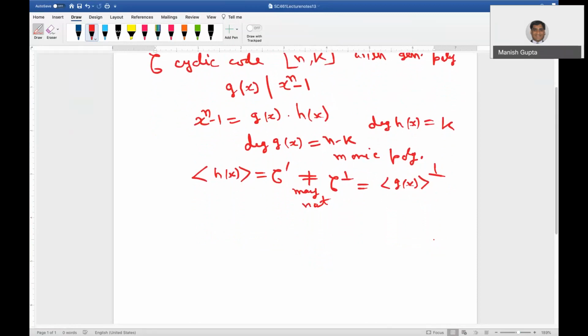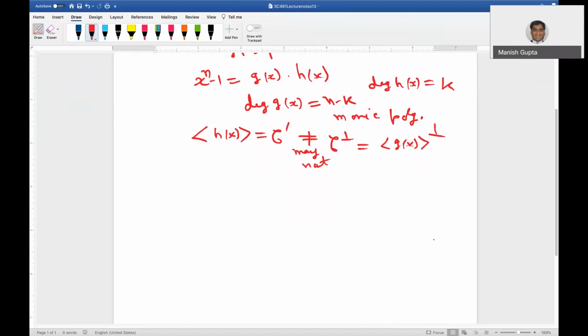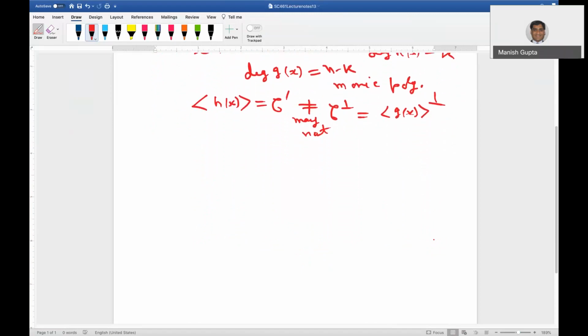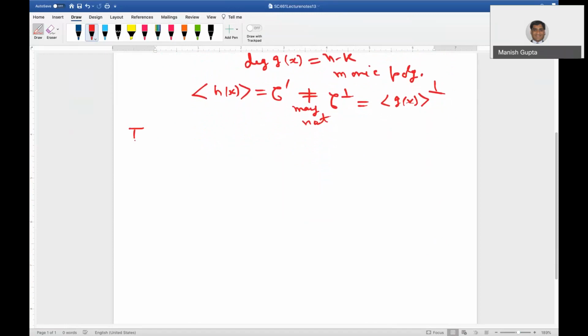So in order to find out how it works, let me start with a result. It's a very important fundamental result here. Suppose C is a cyclic code generated by g(x).